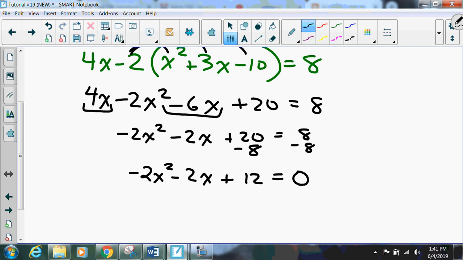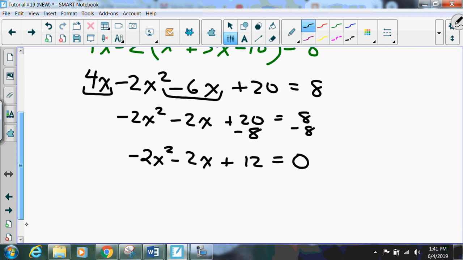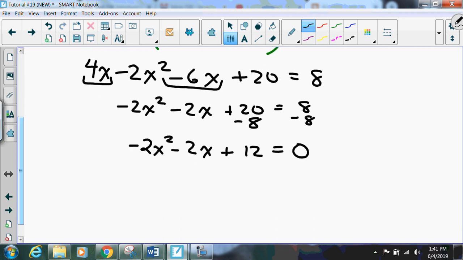We've got the quadratic on the left side, we have the 0 on the right, but gosh darn it, we've got something that's stopping us from finding success, and that's that negative 2. We can factor with a coefficient in front of the x squared. I mean, we always have a coefficient in front of the x squared, 1, but we just don't see it.